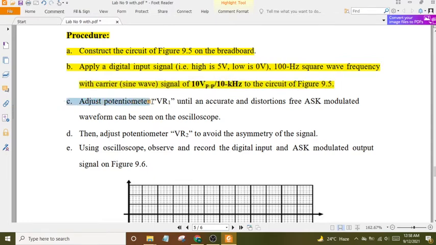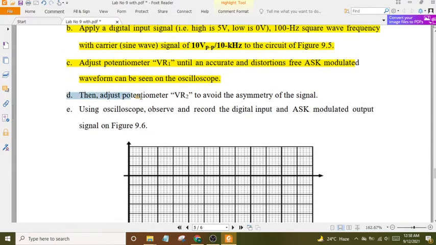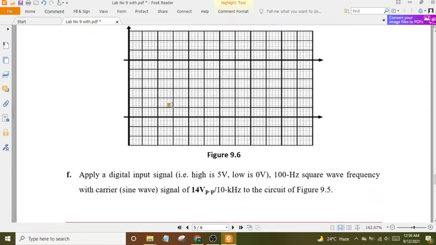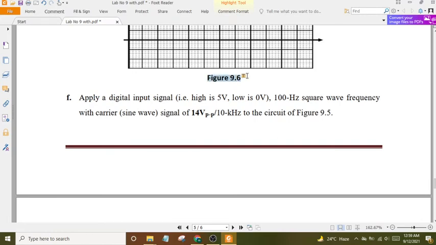C. Adjust potentiometer VR1 until an accurate and distortion-free BASK modulated waveform can be seen on the oscilloscope. D. Then adjust potentiometer VR2 to avoid the asymmetry of the output signal. E. Using the oscilloscope, observe and record the digital input and BASK modulated output signal in Figure 9.6.